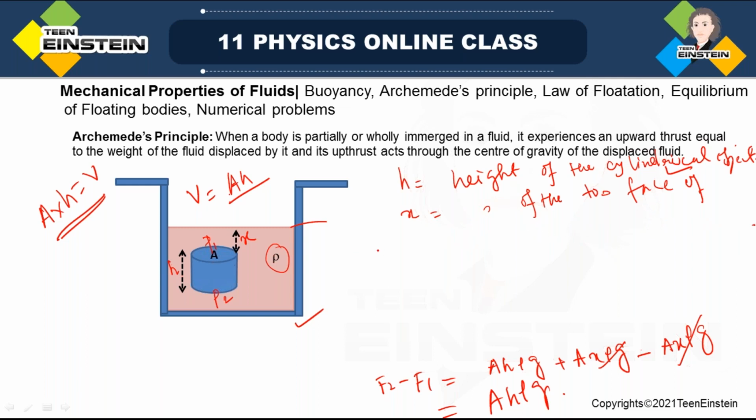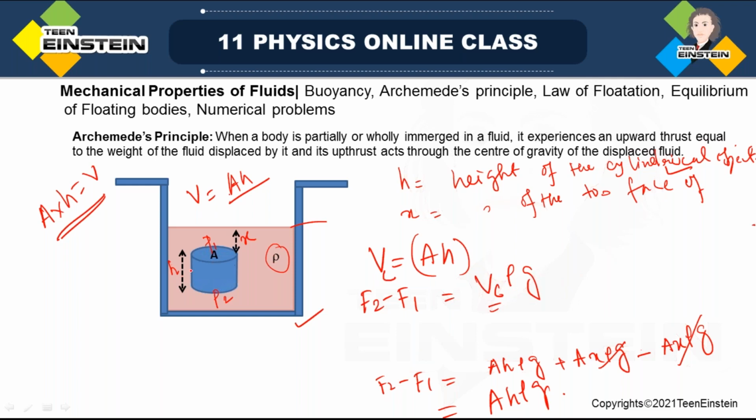See, this is the volume of the cylinder, and if we write F2 minus F1, what we get is the volume of the cylinder into rho into G. Suppose this is Vc.